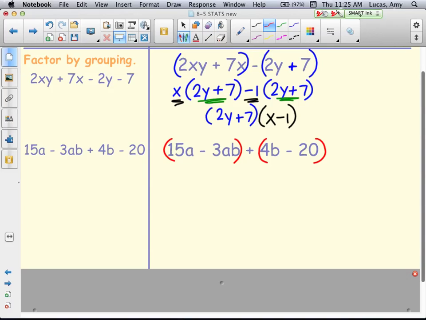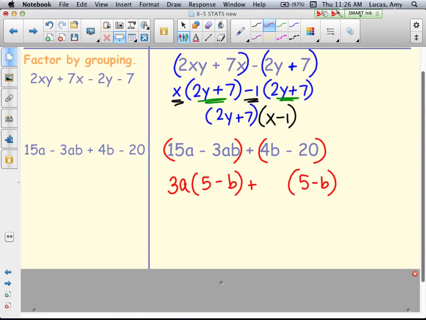Okay, the first set I can divide by 3 and a. 15a divided by 3a is 5, and if I divide by 3a, I'm left with a b here. Then my second set, I can divide them by 4, but if I divide them by 4, it isn't going to match my first, so I know that this needs to be a 5 minus b here in order to match.